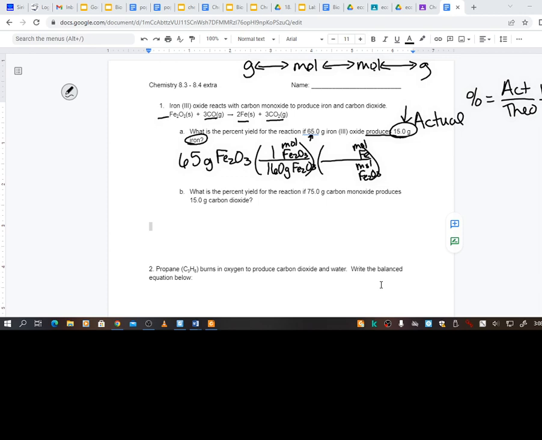So Fe2O3, there's 1, iron is 2. Then my last step, I'm going to do moles of iron to grams of iron. Grams of iron rounds up to 56 grams in 1 mole. So this is 45.5. So if I wanted to produce 100%, I should have produced 45.5 grams of iron.